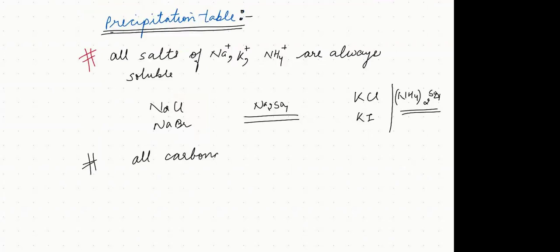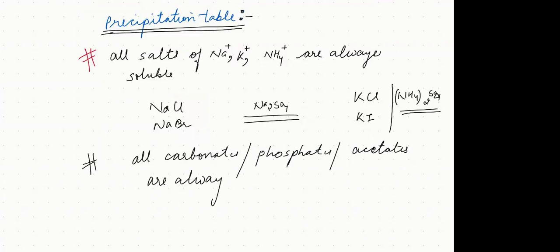All carbonates, all phosphates, all acetates, all nitrates, all carbonates are always insoluble and form precipitate.